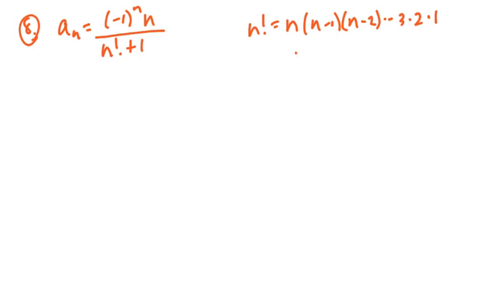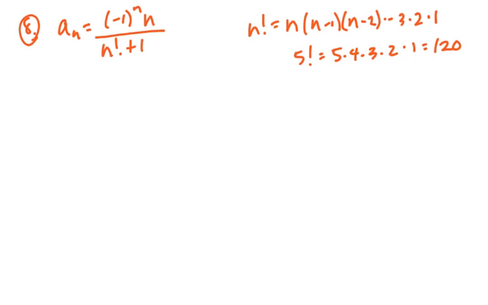So for example, 5 factorial equals 5 times 4 times 3 times 2 times 1. My times dots didn't work, but hopefully you caught that more than not. And then that would be 20 times 6 is 120. So n factorial means I multiply all the integers less than or equal to the number.